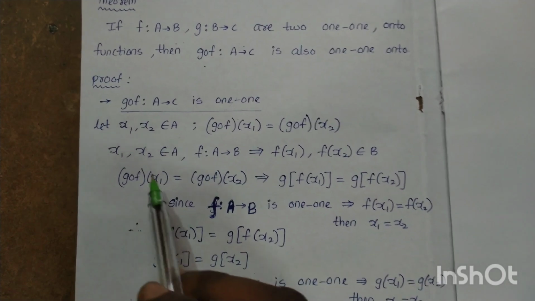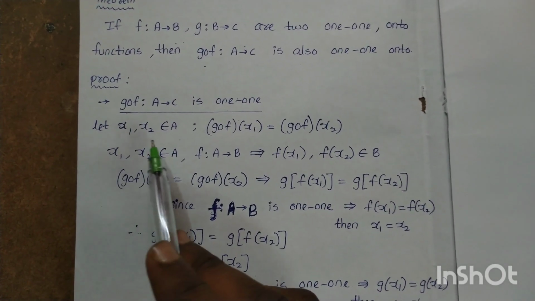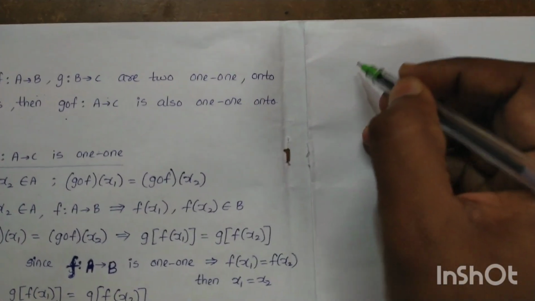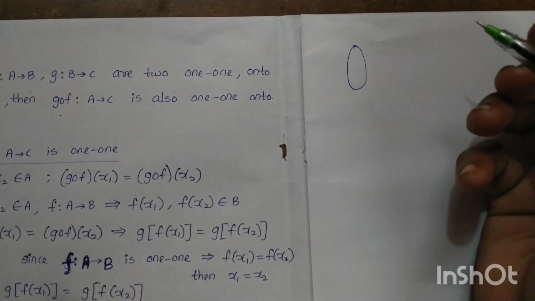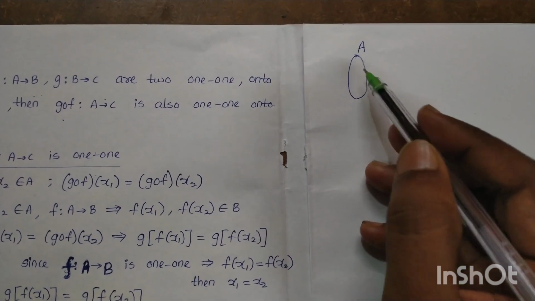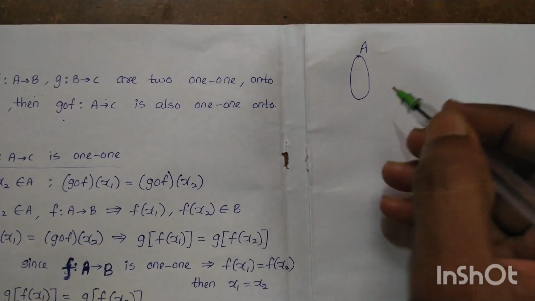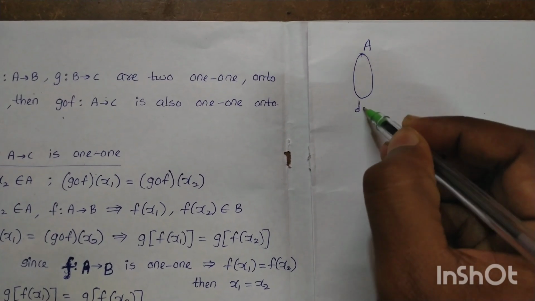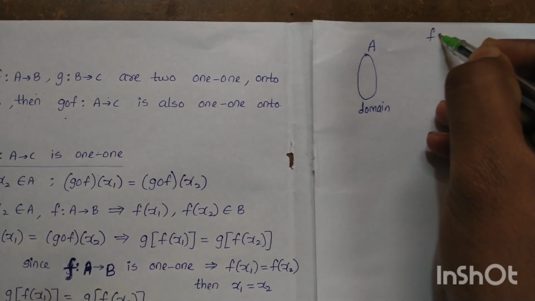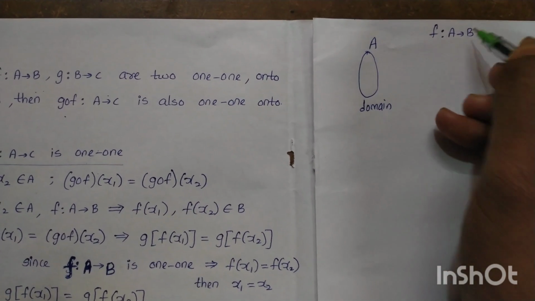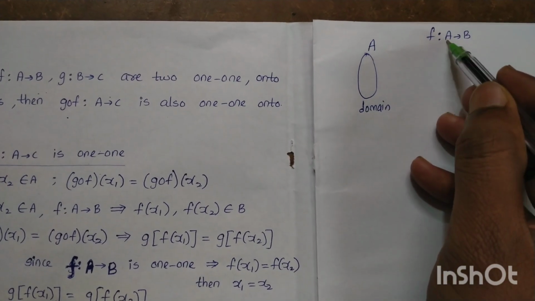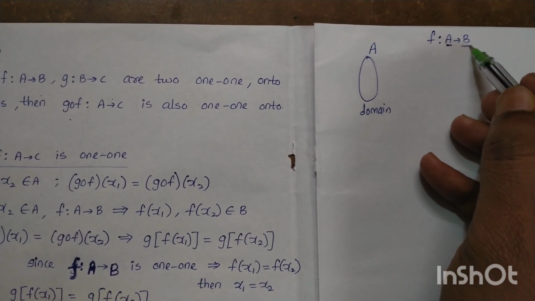So see here. Let x1, x2 belong to A. Suppose you have a set named A. When you represent this set A through an oval shape, this is called the domain, because the given one-one function f maps A to B. This is called the domain, and this is called the codomain.